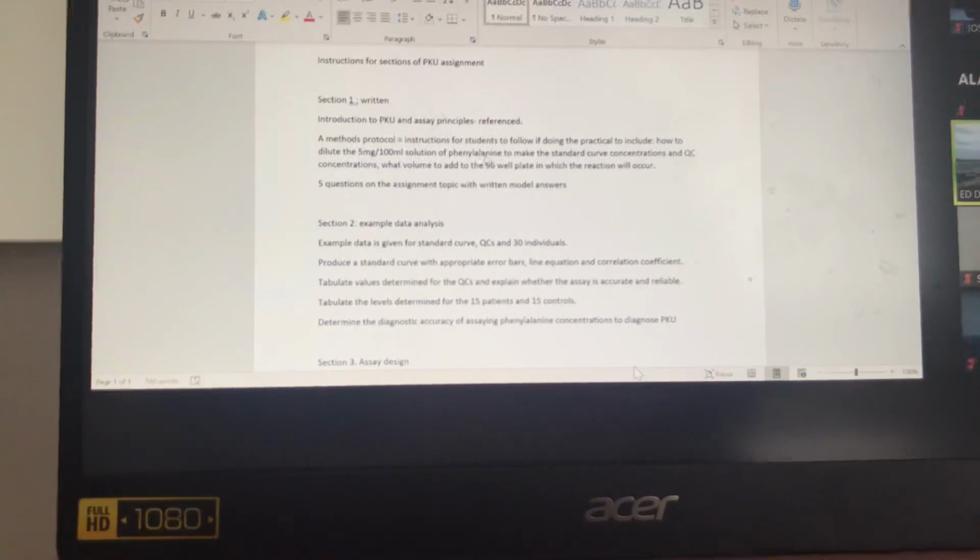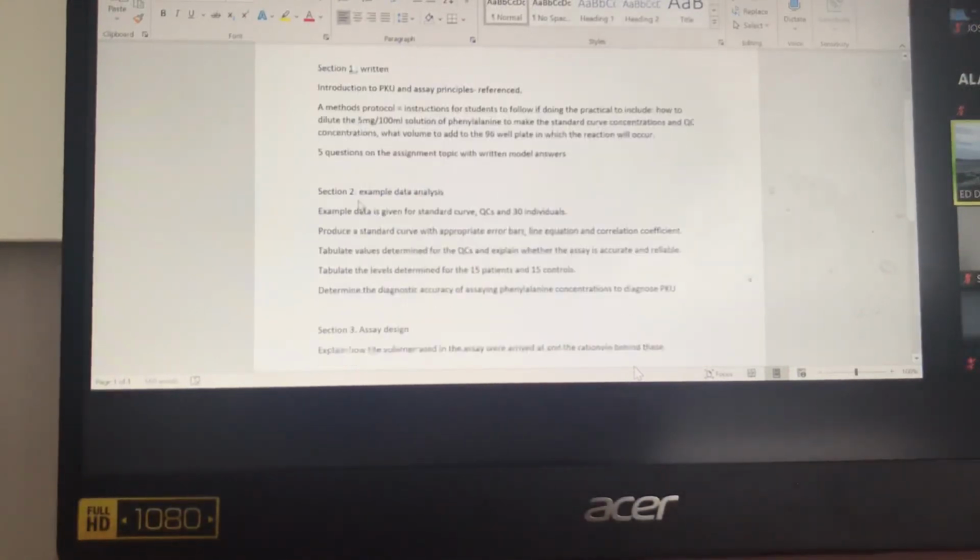So you need to be aware of how to do the practical, and you also need to be aware of what to do with the 5 mg per 100 ml solution of phenylalanine to make up your standard curve and QC concentrations. So what do you want the students to physically do in the lab with that stock solution of phenylalanine to make standard curve points? And you also need to write 5 questions you would want students to answer on the subject or a related topic, plus model answers to those questions.